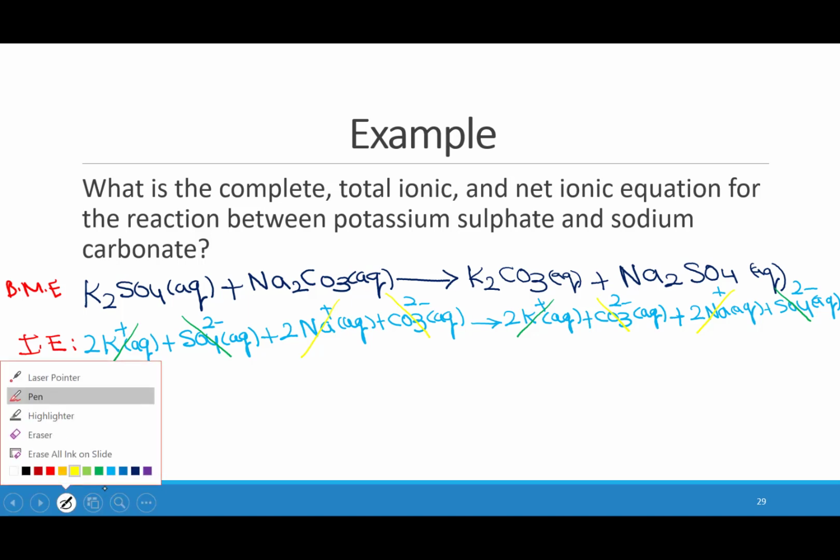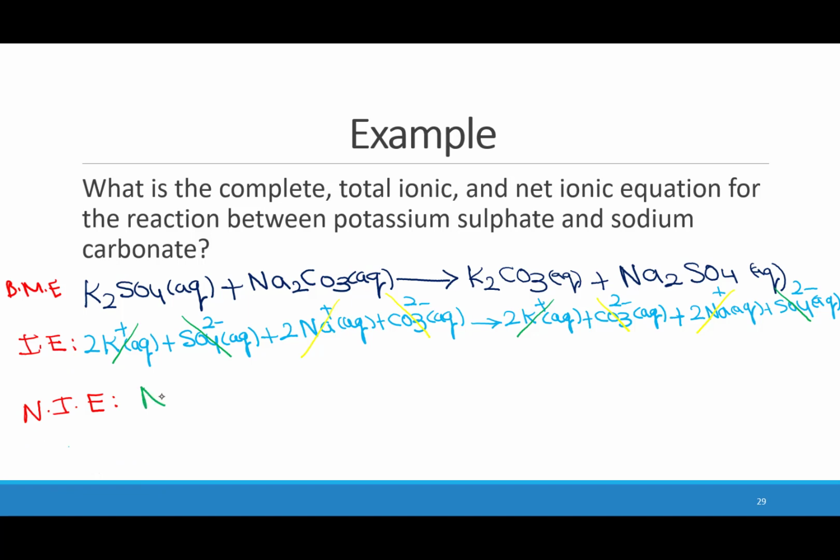Therefore, we have no net ionic equation, which is totally fine. Whenever all your reactants and all your products are ionic compounds in aqueous state, you will not have any net ionic equation. Just take note of that.